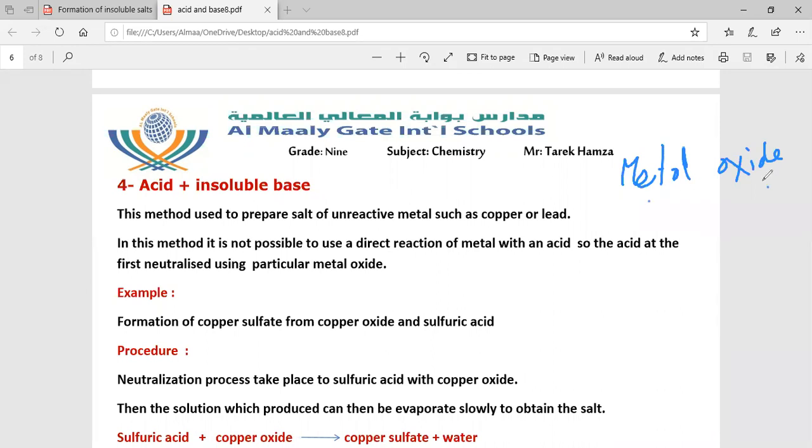The example here is formation of copper sulfate, formed by reaction between copper oxide and sulfuric acid. The solution produced can be evaporated slowly to obtain the salt as in the preceding procedure.